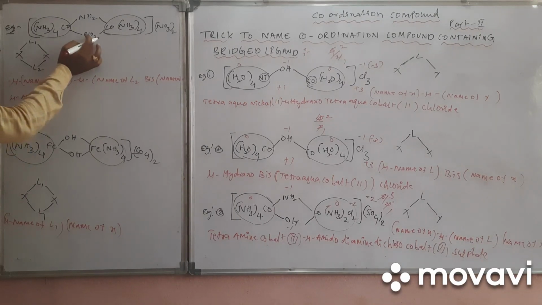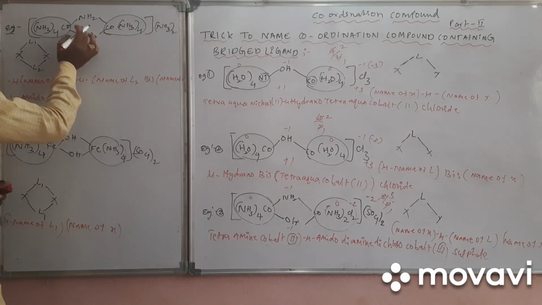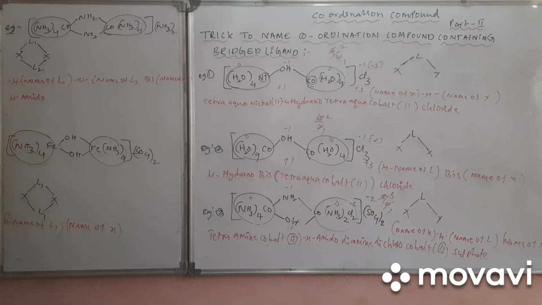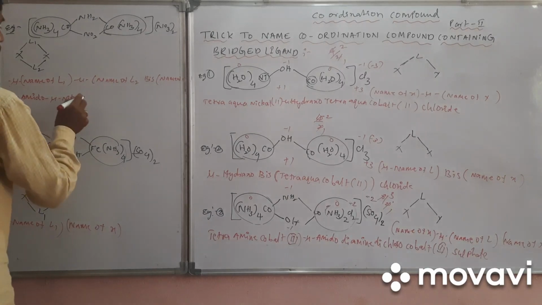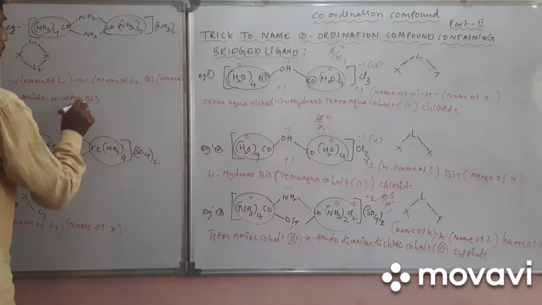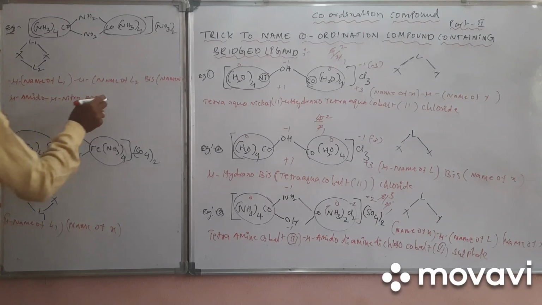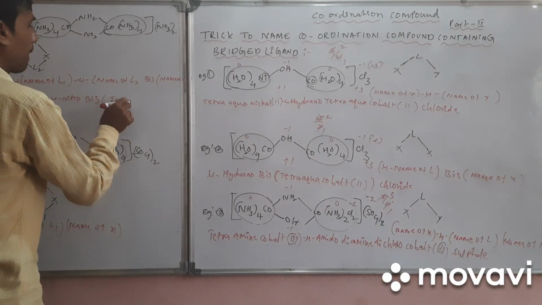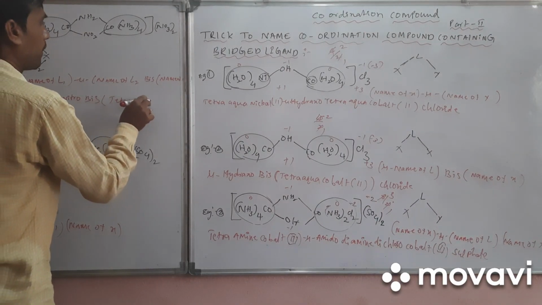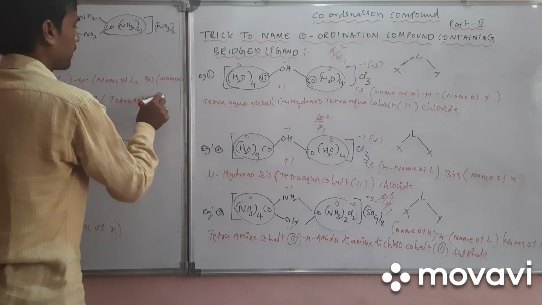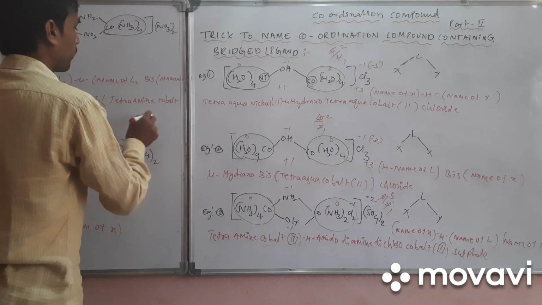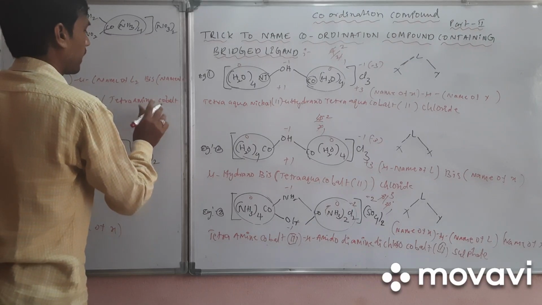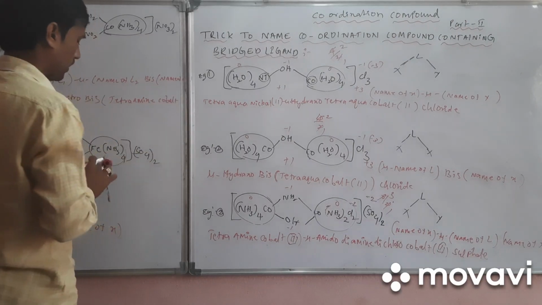Next, mu nitro. Next, bis tetraammine cobalt. The oxidation number we write in the bracket after cobalt.